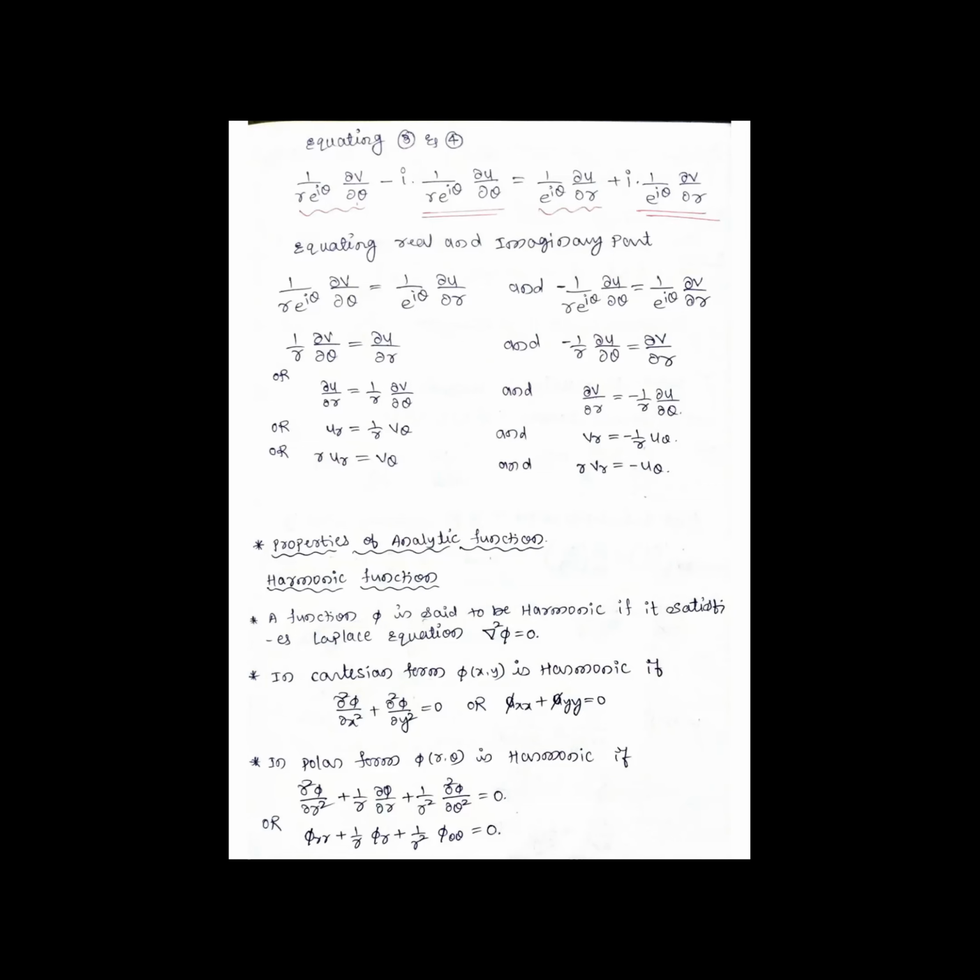That is one definition you can use. Or else the CR equation in Cartesian form as well as in polar form: ux equal to vy and uy equal to minus vx, or ur is equal to 1 by r v theta, vr is equal to minus 1 by r u theta. So these are all things you can use now.